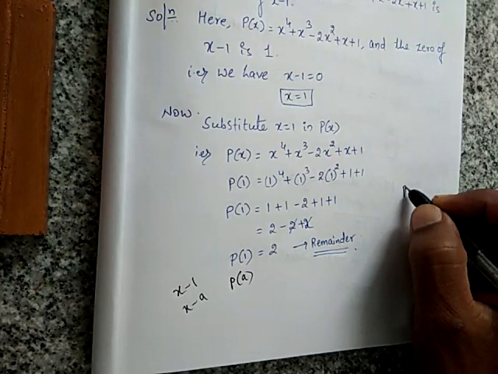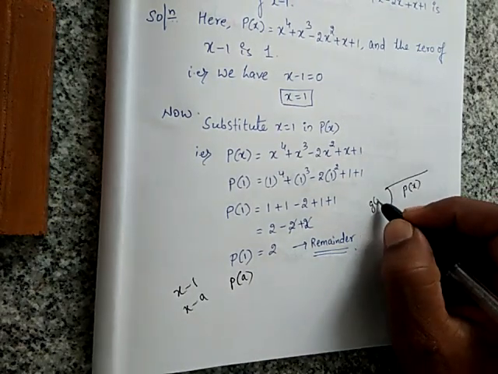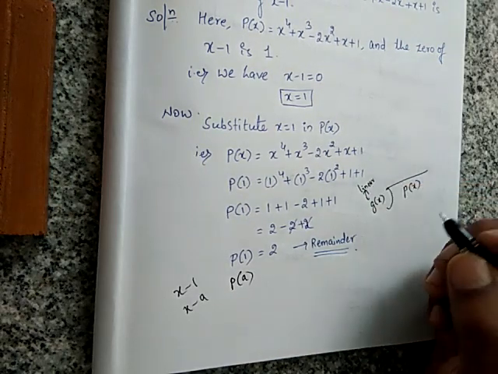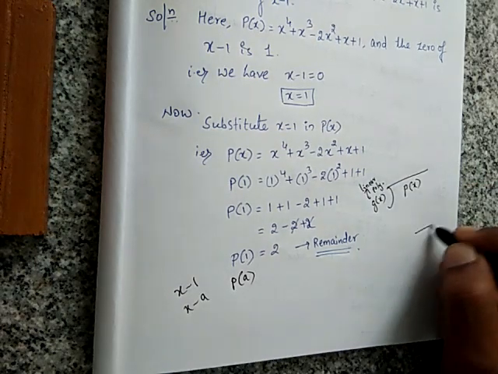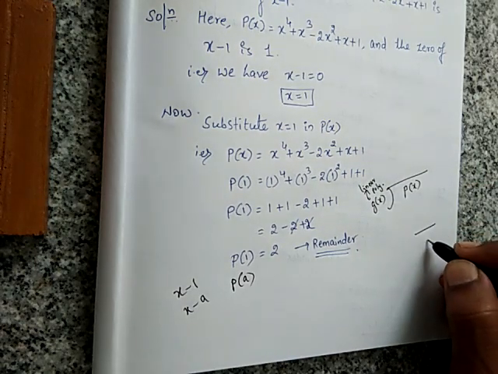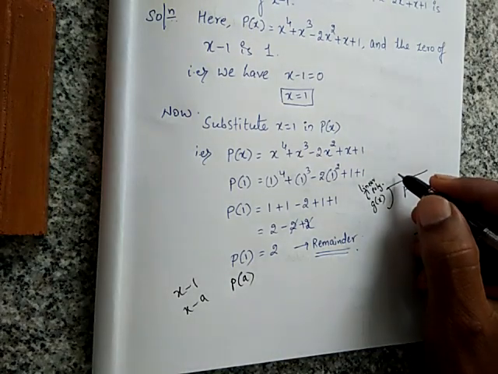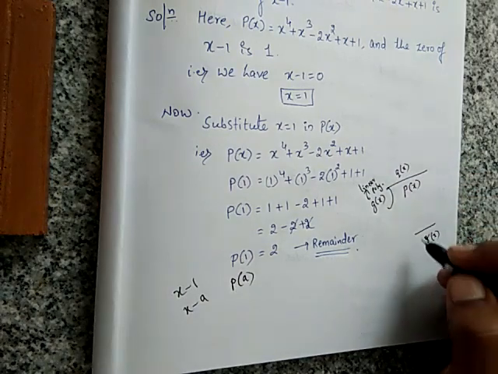So for any polynomial p of x, if you are going to divide by g of x, this g of x is nothing but what? Linear polynomial. Then at last you will get one value, that will be your remainder r of x. And if you have any quotient, then you can write here the quotient. This you will get in the long division method.